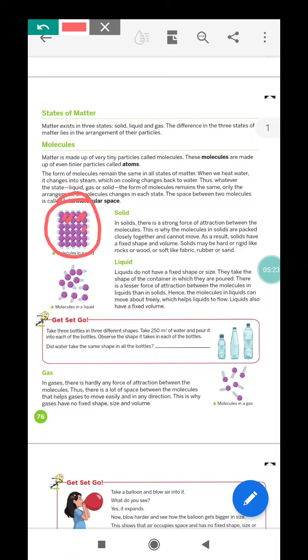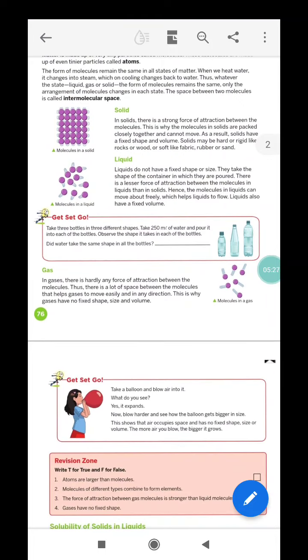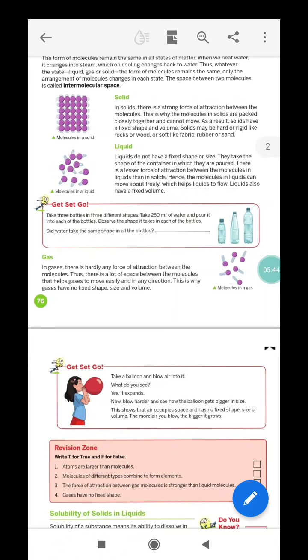Now we will read about the arrangement in liquids. Liquids do not have a fixed shape or size. They take the shape of the container in which they are poured. There is less force of attraction between the molecules in liquids than in solids, hence the molecules in liquid can move about freely, which helps liquid to flow.